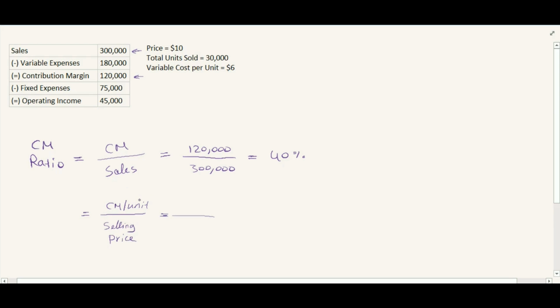What is the CM per unit? The CM per unit is equal to the selling price minus any variable cost per unit. All of these are per unit.